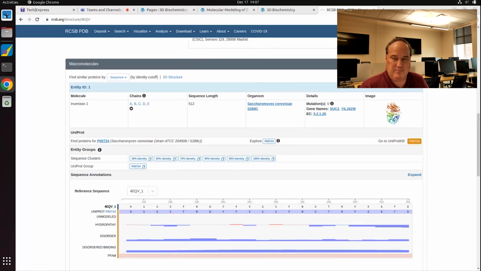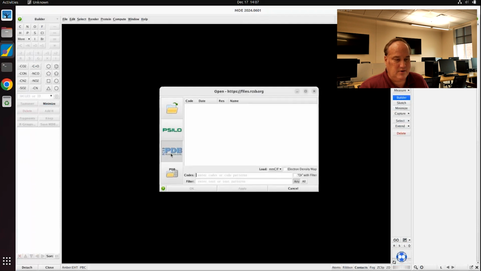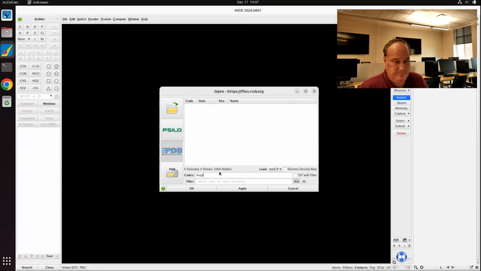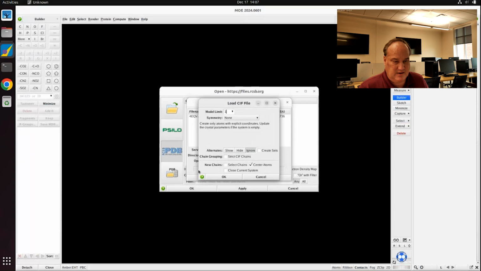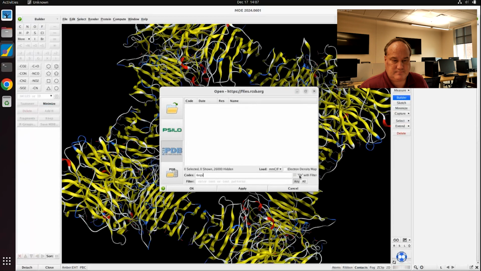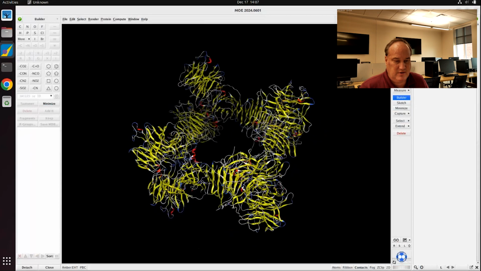Now the easiest way to import the file is to go to Mo, go to Open, go to PDB, and just type 4EQV. Mo has an interface directly to the Protein Data Bank. And so there is our invertase structure.